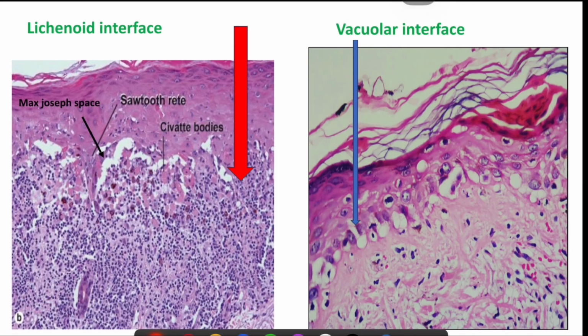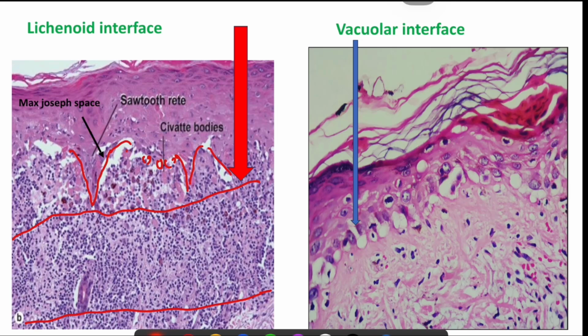So in microscopy, here you can identify what is called lichenoid interface, where you can find this band-like infiltrate of lymphocytes at the junction, and this is the sawtooth appearance of rete. Here you can identify the vacuolar basal layer.